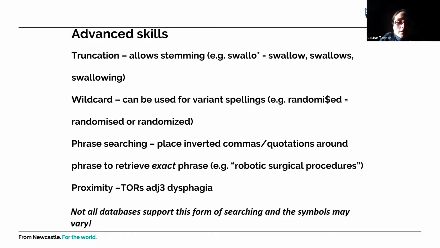Just some additional tips. Truncation allows stemming. So if your outcome of interest is swallowing, then you could use an asterisk to search for the word stem. In this example, swallow with an asterisk will search for swallow, swallows, swallowing. You can use the wildcard, which is a $, to replace a letter which varies between languages.